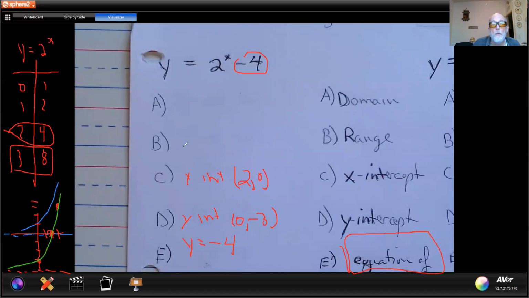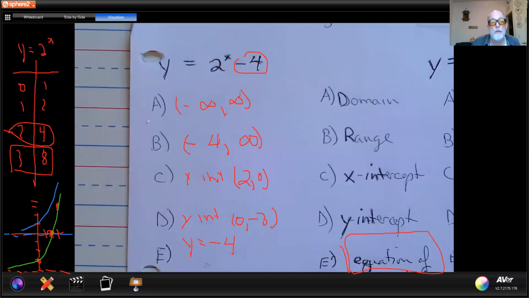And now the range is different as well. It's everything above -4. And then the domain is the only thing that didn't change. Still infinitely wide, always infinitely wide. The only thing different is the asymptote, right? That's the only thing that changed.